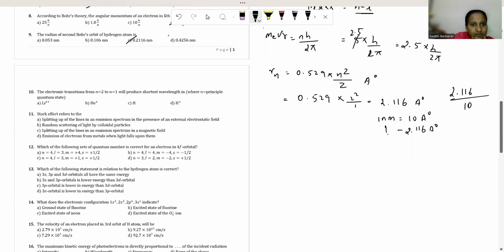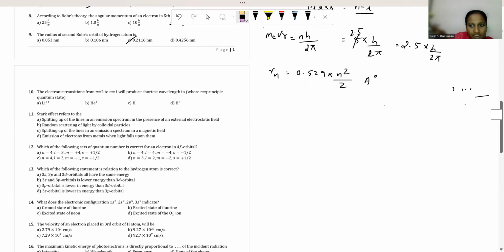Okay. Now let us take up the next question. So what is the next question, students? So the next question is asking: the electronic transition from n is equal to 2 to n is equal to 1 will produce shortest wavelength, where n is the principal quantum state.